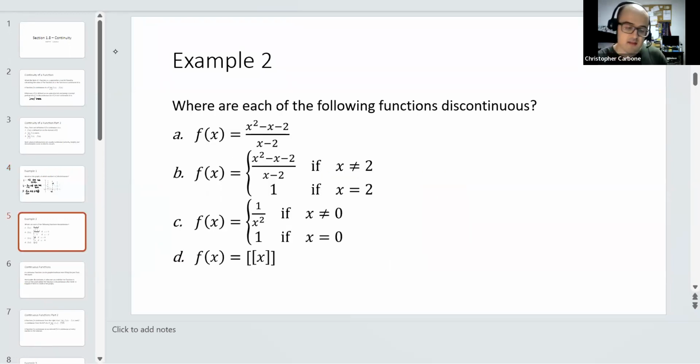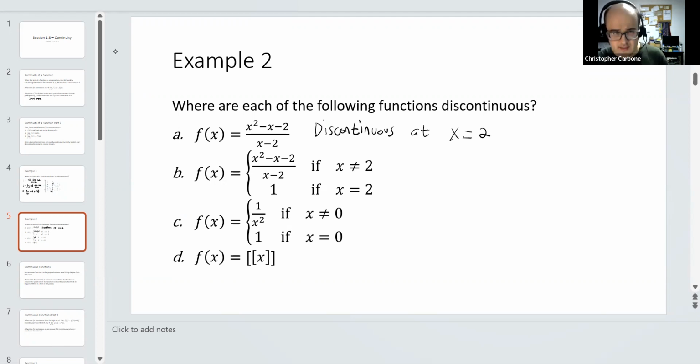Moving along from that, with just these regular functions here, where are each of the following functions discontinuous? So based upon this first one, x squared minus x minus 2, divided by x minus 2, due to this denominator of x minus 2, this is only discontinuous at a value of x being 2, which is when that denominator is equal to 0.